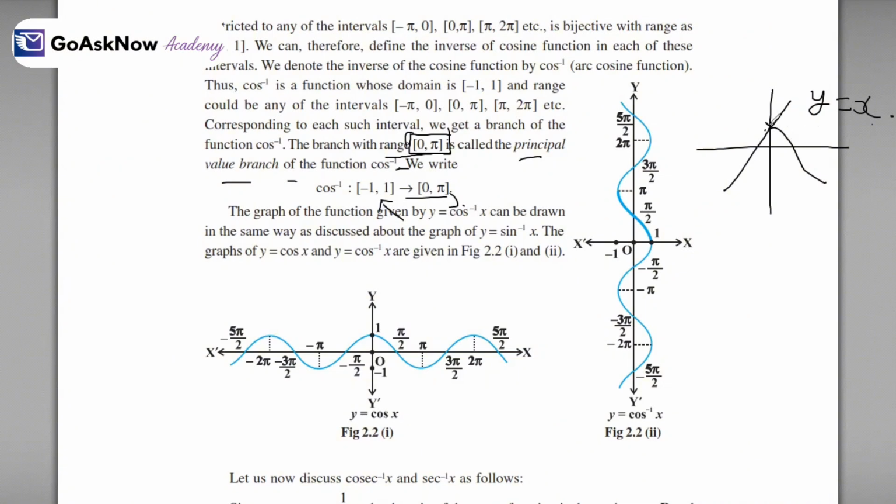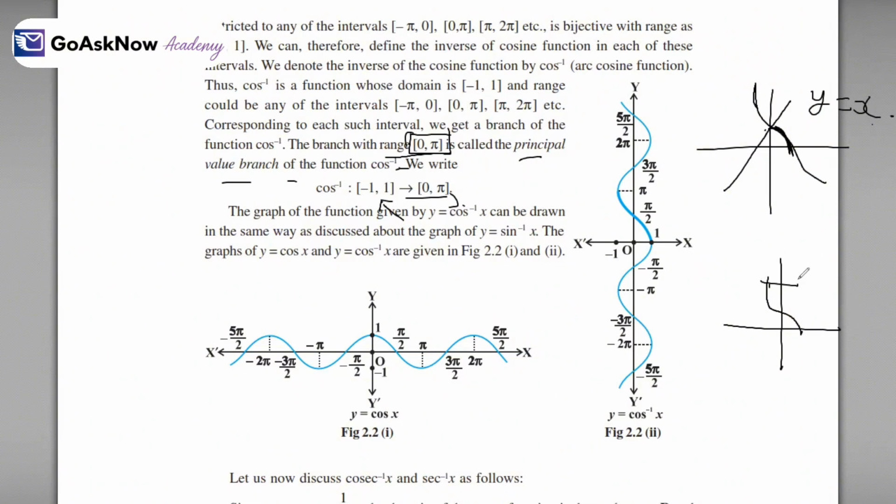This is the mirror image about this axis, and for this part you will get this, and for this part you will get this only. So your graph will look like what? If you see the graph of cos inverse x, it will look like this and this.